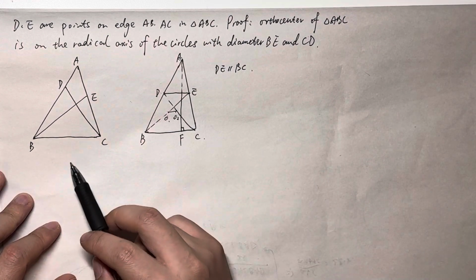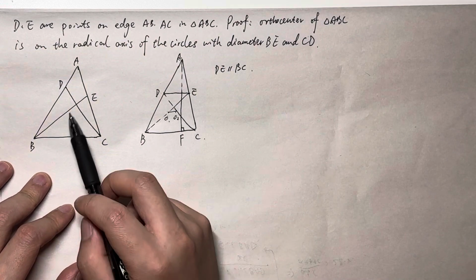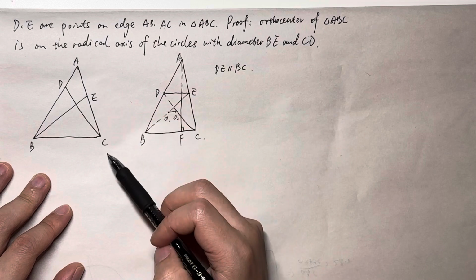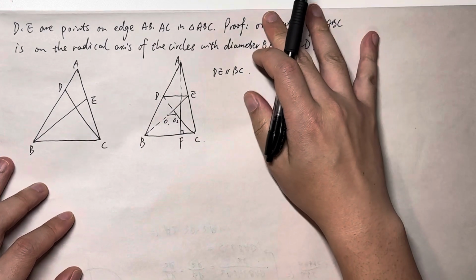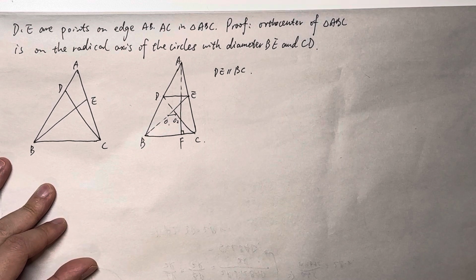So here, the problem is different. It's more like a general case, where D and E are arbitrary points on the edges AB and AC. Sometimes we need to think about the problem like this.